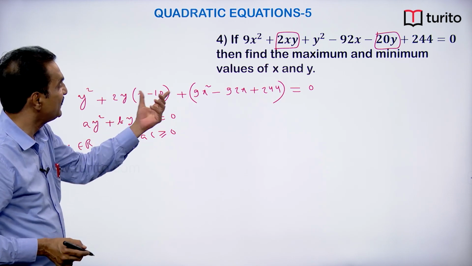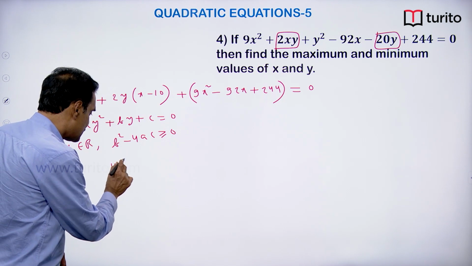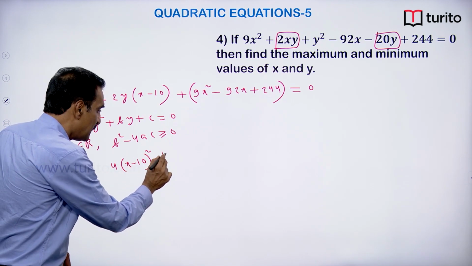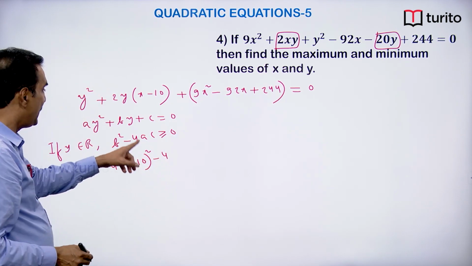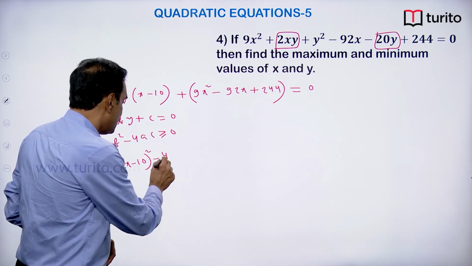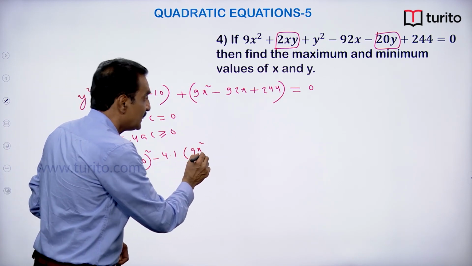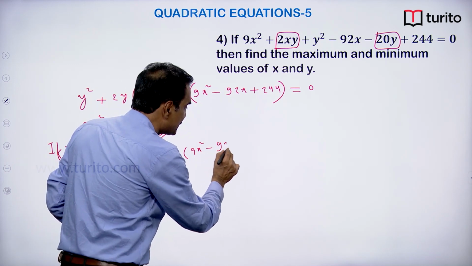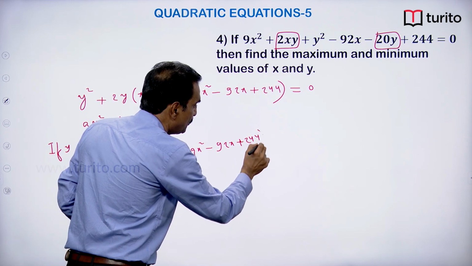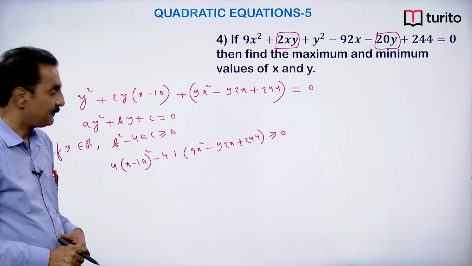What is b square? 2 into x minus 10 whole square, that is 4 into x minus 10 whole square, minus 4 into a into c means 1 into 9x square minus 92x plus 244 should be greater than or equal to 0.